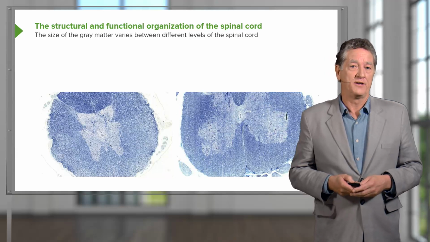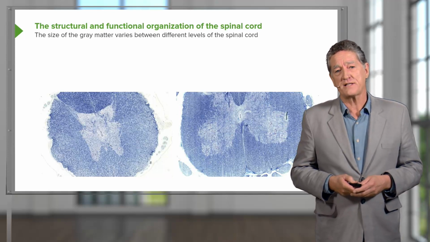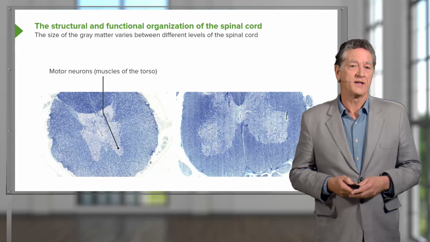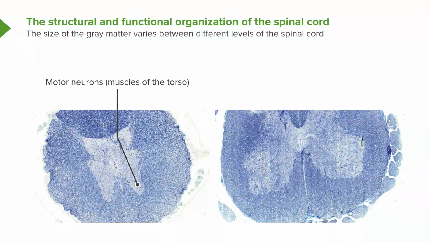Of course, you can see that the grey matter is different in both these images. And that's because the grey matter in the image on the left-hand side is probably only housing motor neurons that might innervate muscles of the torso. So this is a section probably through the thoracic region of the spinal cord.